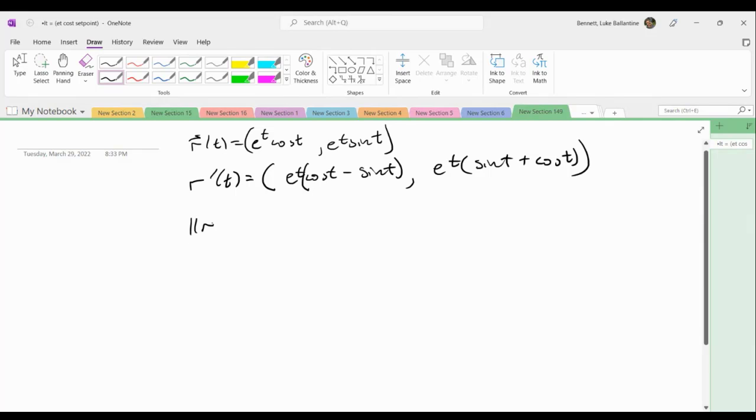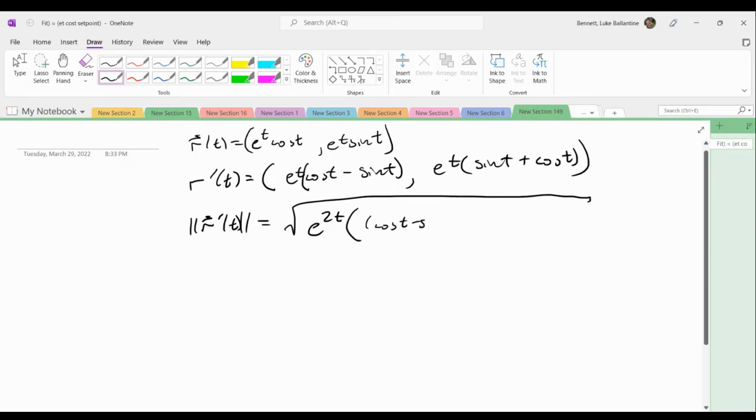The magnitude of r prime is e to the 2t times the square root of (cosine t minus sine t) squared plus (sine t plus cosine t) squared.